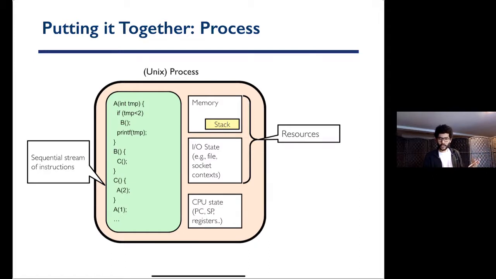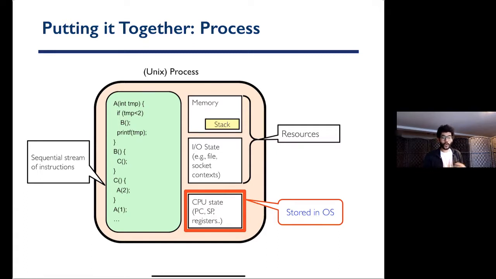It also has I/O state, meaning what files this process has opened, or what sockets, and so on and so forth. And it has a context, which is the state of the CPU corresponding to this process. What is the PC pointing to? What is the stack pointing to? What values do the registers hold?